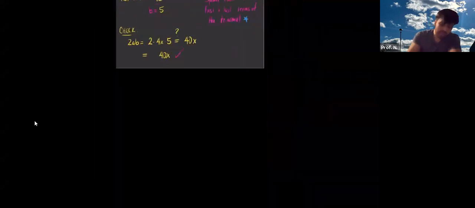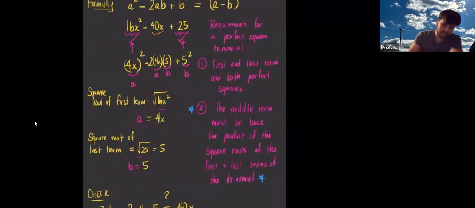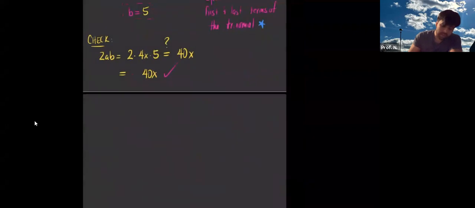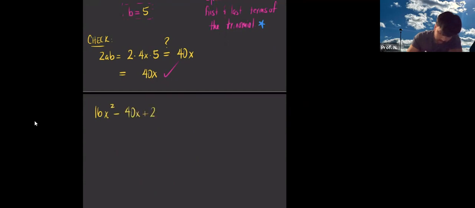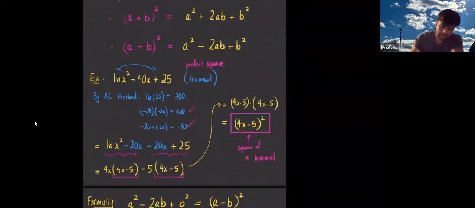So let me just write that again. 16x squared minus 40x plus 25. I can rewrite this as (4x) squared minus 2 times 4x times 5 plus 5 squared. This is a perfect square trinomial. I know what the perfect square trinomial formula is.